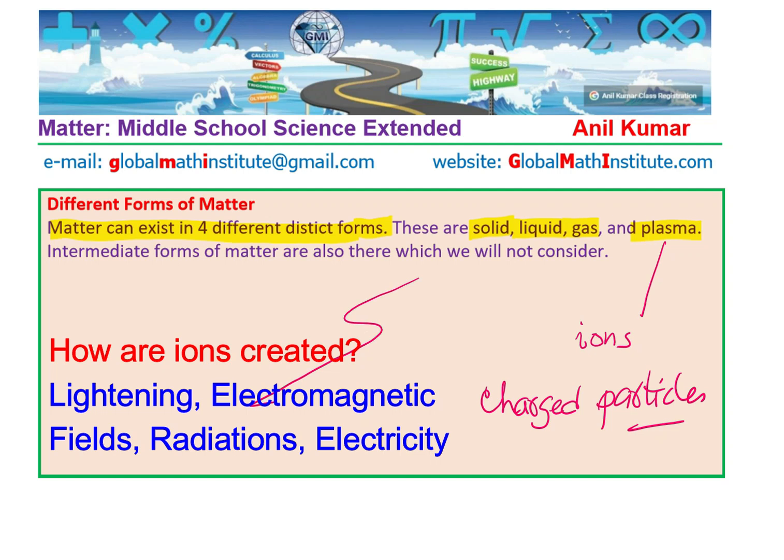Lightning is a huge energy that can cause charged particles, the ions. Our outer surface is always bombarded by electromagnetic and other energy radiations, which creates ionosphere. The northern and the southern lights are also plasma. Electricity in fluorescent lights creates plasma.